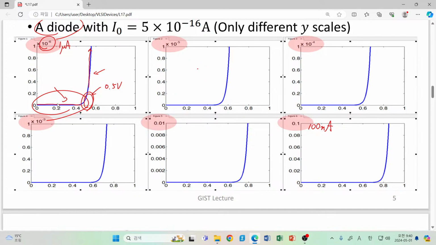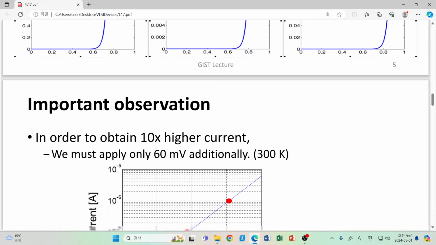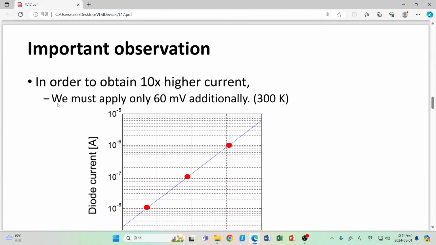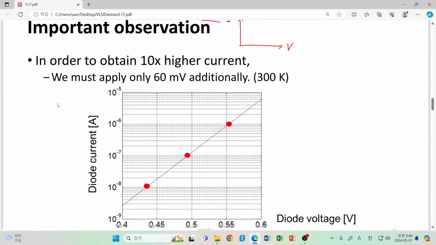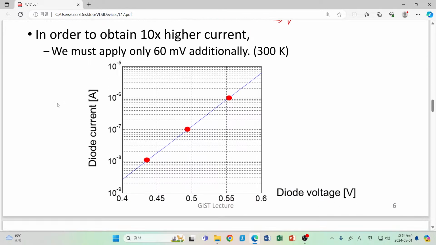Now let's go to this one. The previous description was just the linear IV characteristics. This was voltage and this is current, just linear current. However, instead of this linear current, we also want to draw the current on a logarithmic scale.